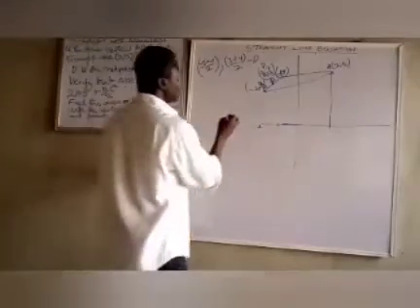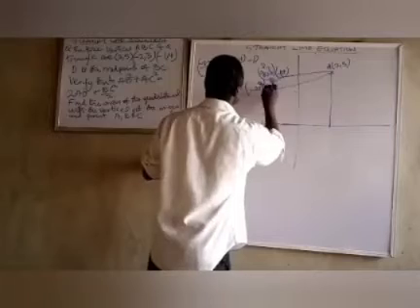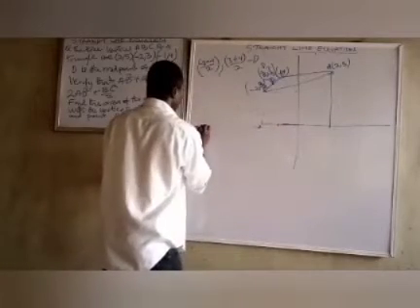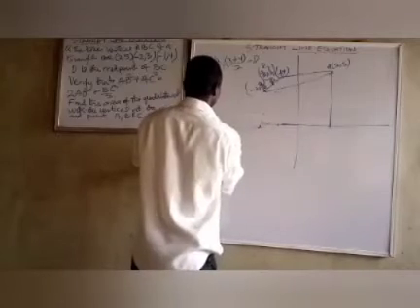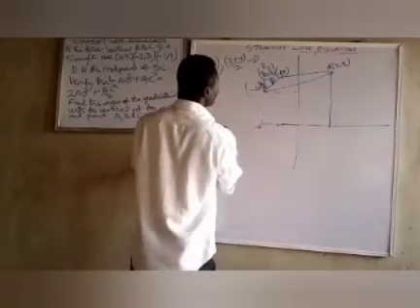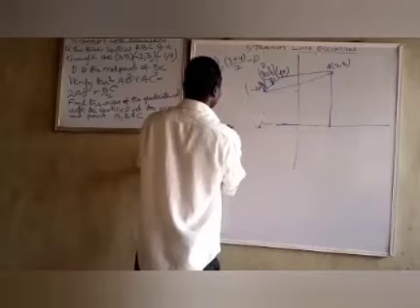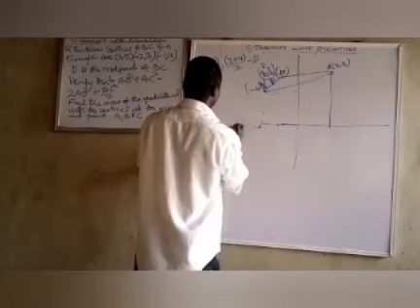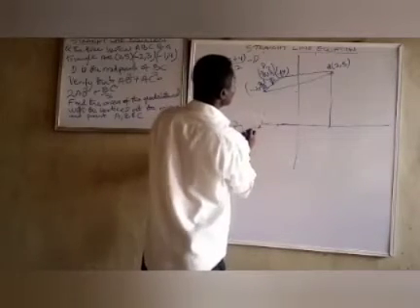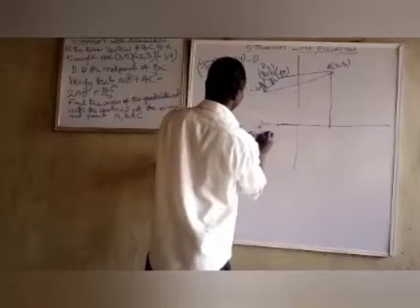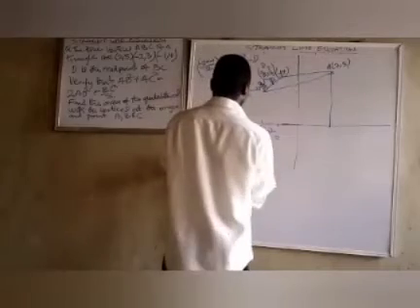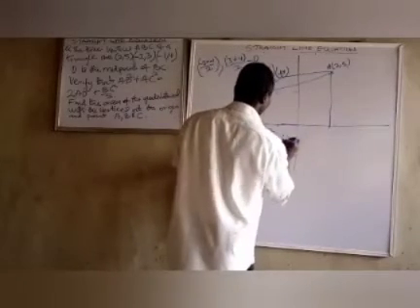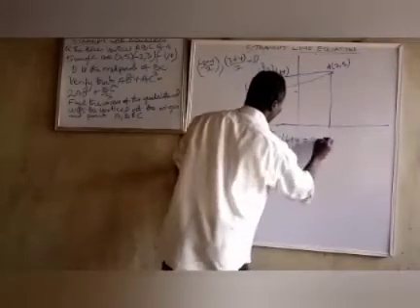Let's find what AB squared is. This is B, minus 2, 3. AB squared will be equal to 2 minus minus 2 squared plus 5 minus 3 all squared. That gives 16 plus 4, that's 20.